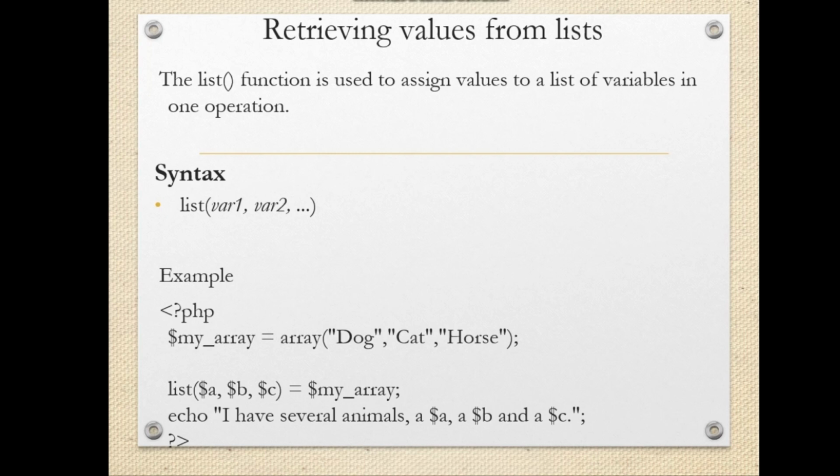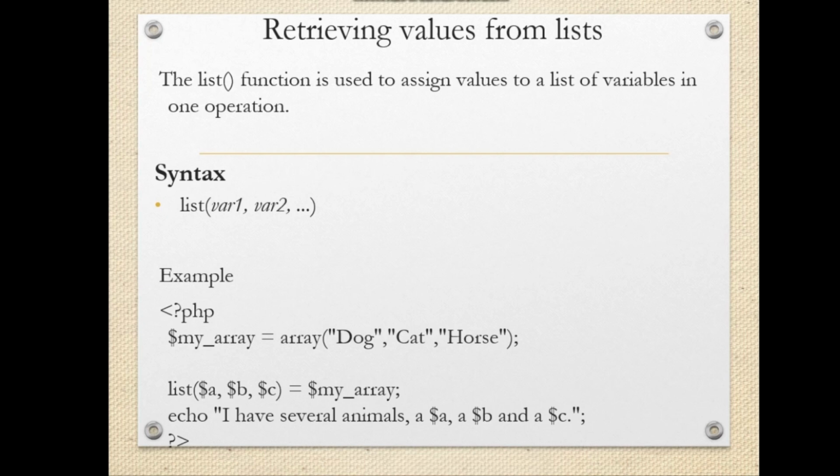In this I am passing three variables, $a, $b, $c, and I am just calling my variable, that is $my_array. So the value that we have stored under this variable will be assigned to my list function. The value that is stored into my $my_array variable is nothing but my array, and in array we have stored three values, dog, cat and horse.